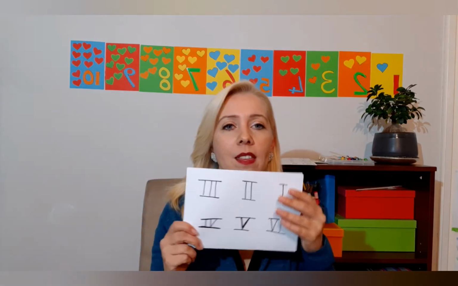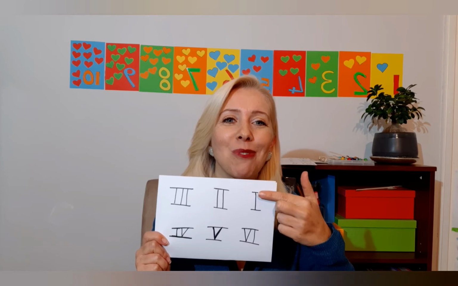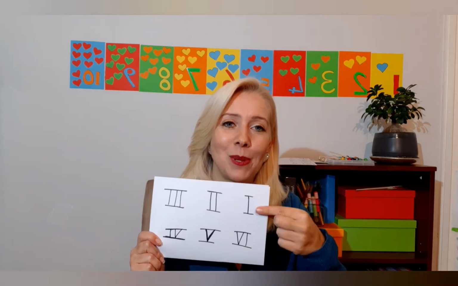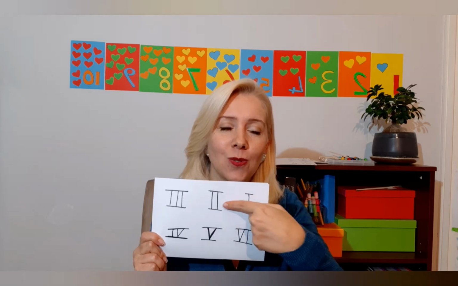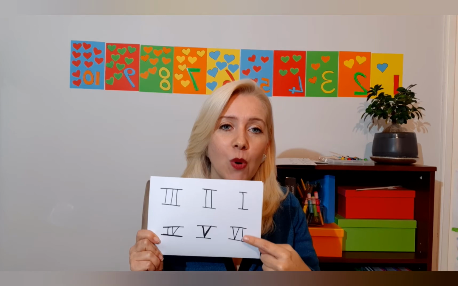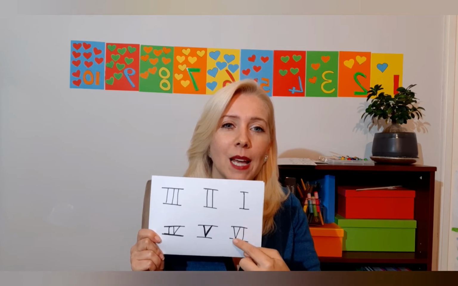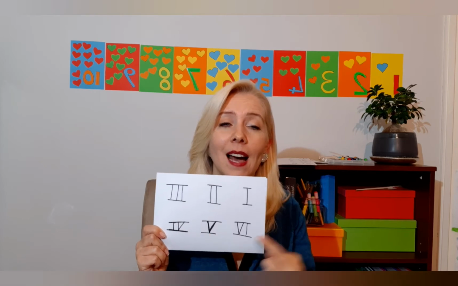If you look at these Roman numerals, you can see that the representative quantity is in the symbol. So numerals 1, 2, 3, and then only when you get to number 4 do the symbols become slightly more abstract, but less so than in our number system.